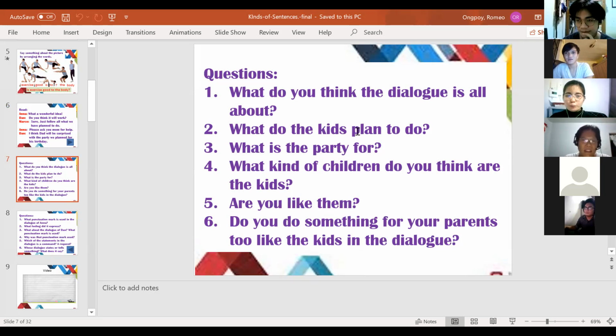Okay, how about Sir Simon? What kind of children do you think are these kids? Because you see that they are preparing a sort of party for their dad. They are kind children and at the same time generous to their father. Thank you very much. So yes, I guess they should be. Are you like them, Sir Josh?